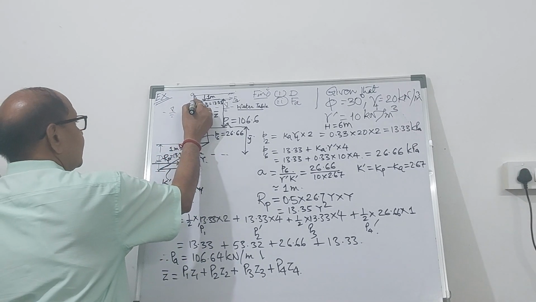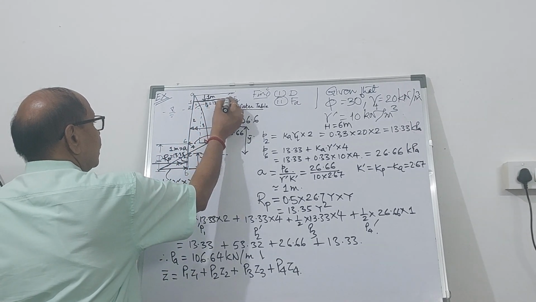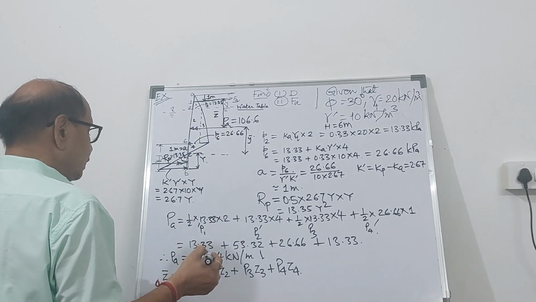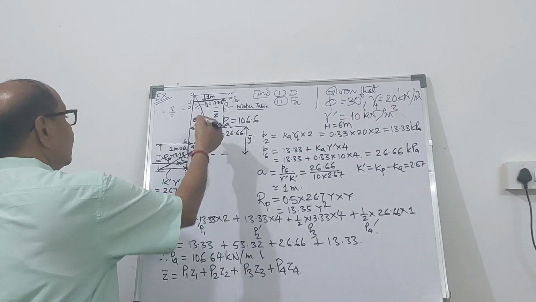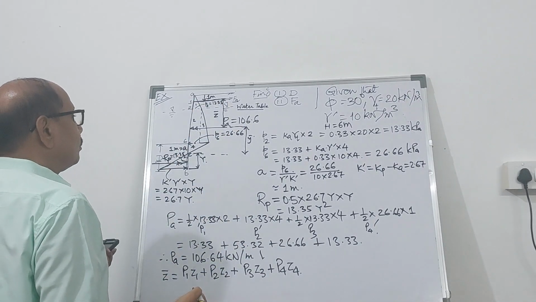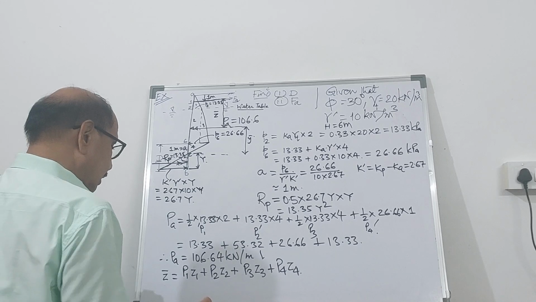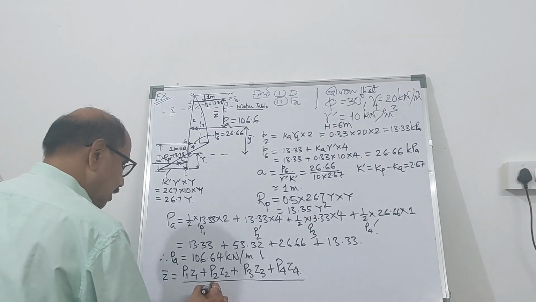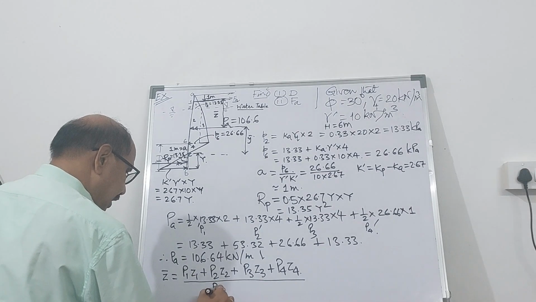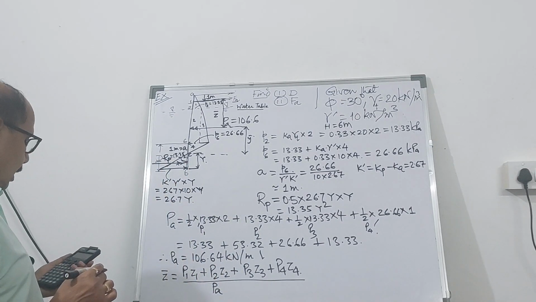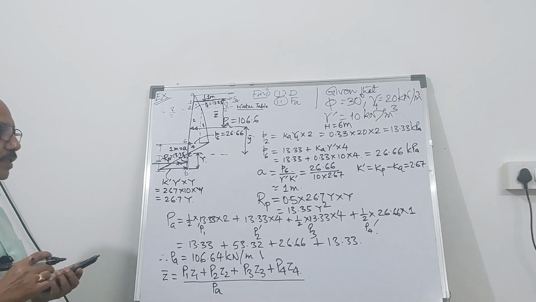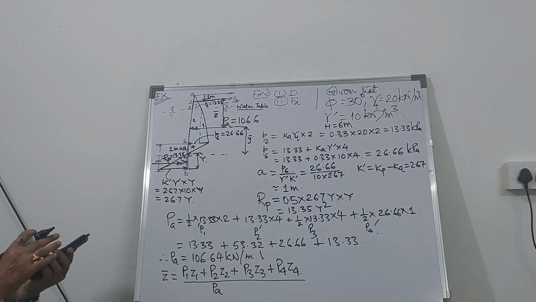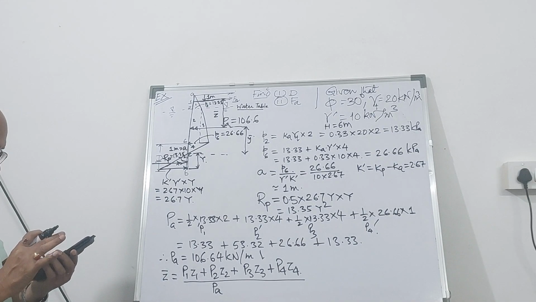So with reference to the anchor rod, you can find out Z1, Z2, that is the point of application of P1 with respect to the anchor rod, divided by P1 plus P2 plus P3 plus P4, that is PA. And if you calculate this, so all values are known to us.